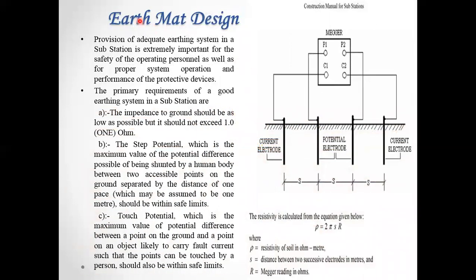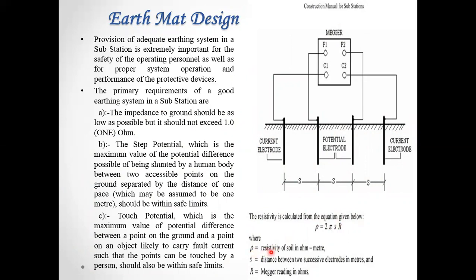Then lastly we will discuss the earthing material design. Here we can see the two current electrodes, and from there we have the potential electrode, and this is the megger. The resistivity is calculated using rho equals 2 pi S R. What is rho here?